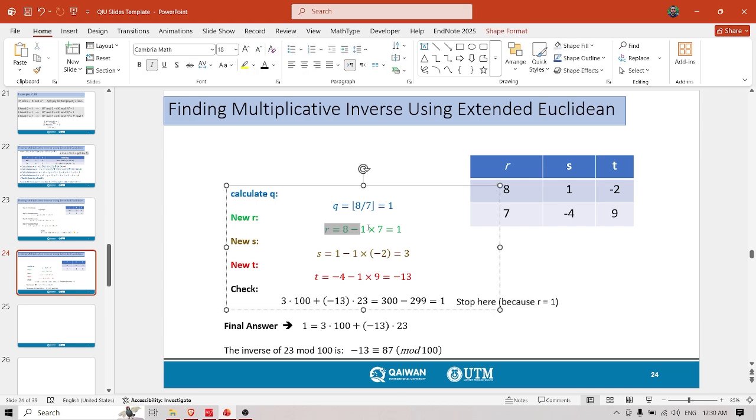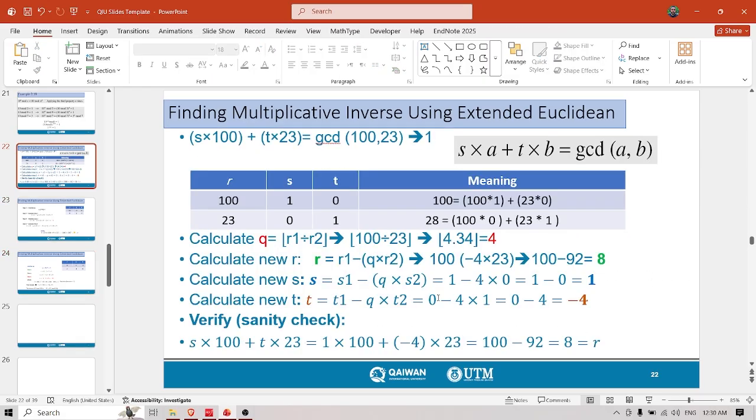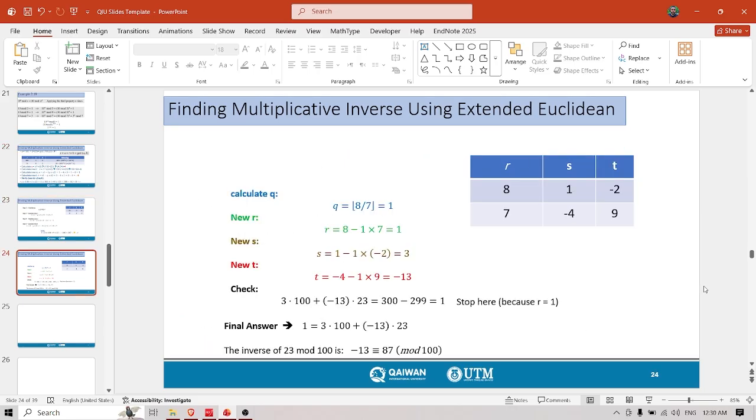Now in here we will check when we get the R is equal to 1. Again, we will calculate the R and the S and the T. I explained in the Euclidean algorithm and I explained it in here, so I will not just do it again and again until we get the remainder of 1. That's remainder of 1 is the place that we will stop.